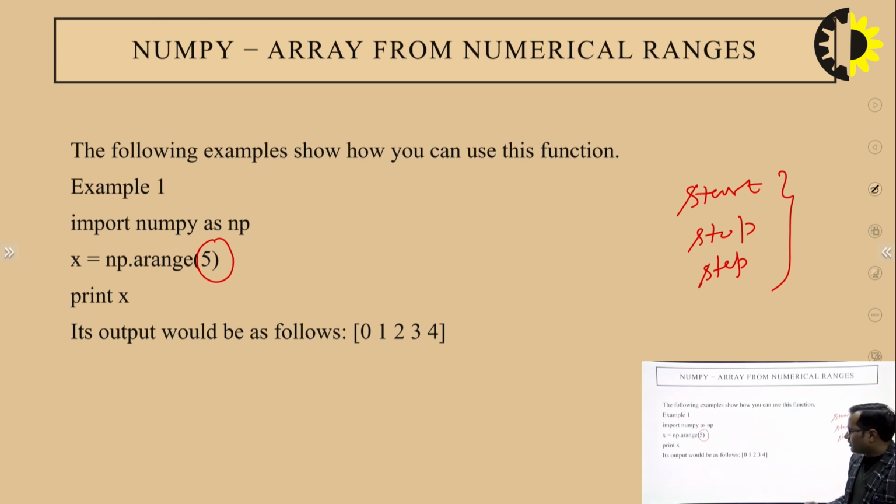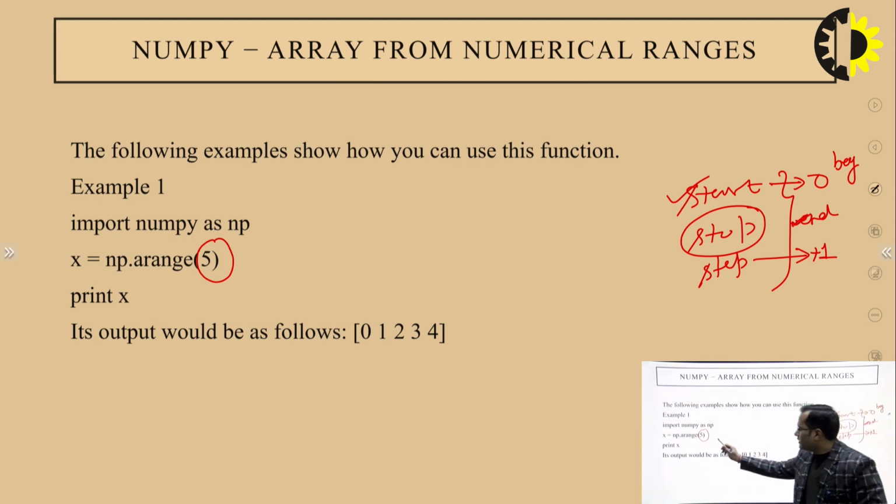So as I have said, if we have not provided the start, by default it will start from 0. And if we have not provided the step, the step is 1. The step is positive 1. And the stop or end is not included, while start or beginning is.